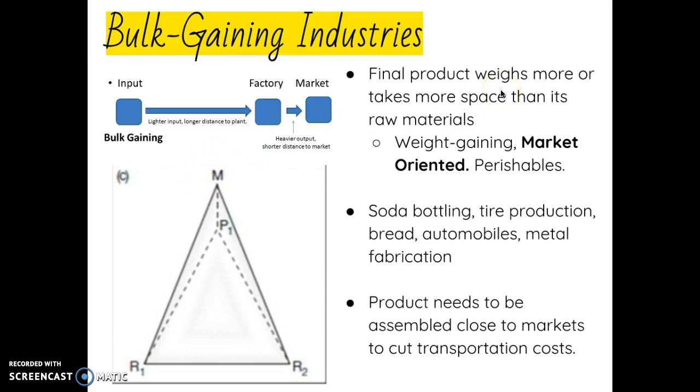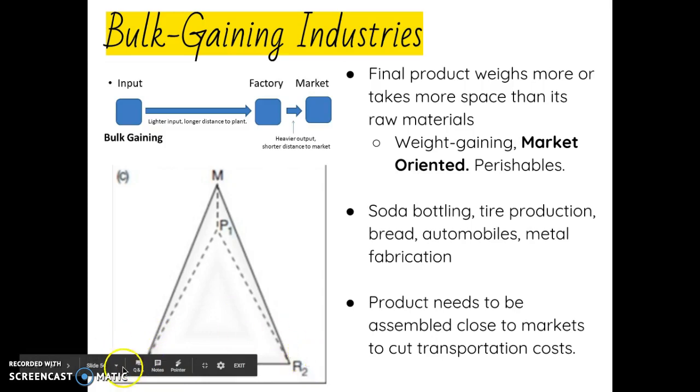Another way that you can think about this too is car production, right? We see small parts, let's say brakes are made here and tires are made here, right?